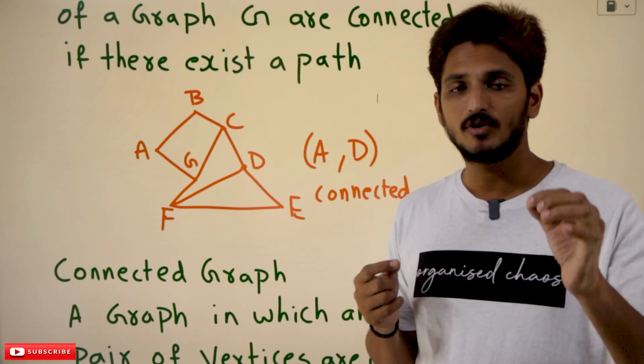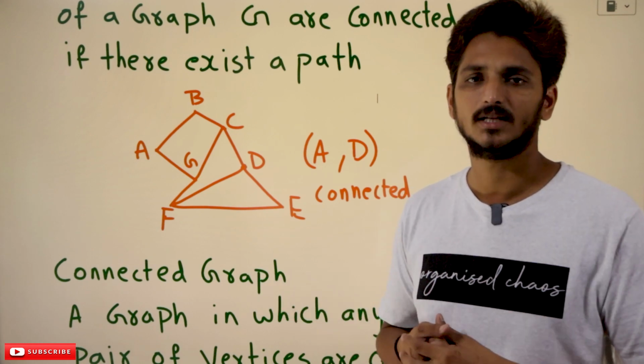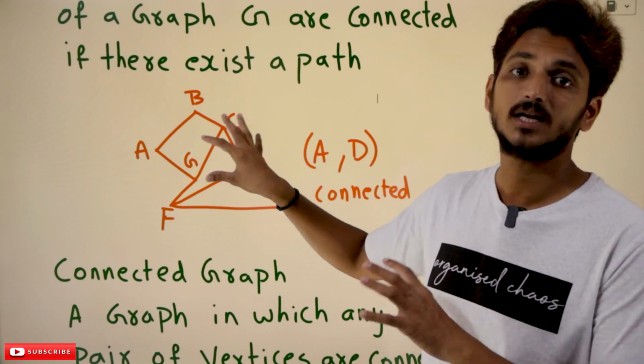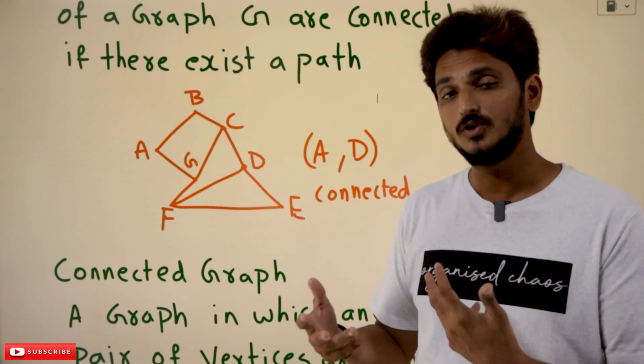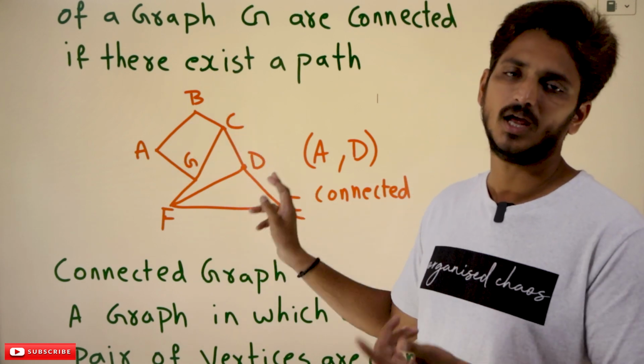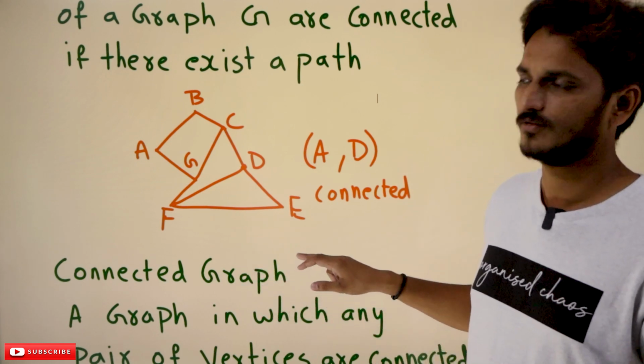If this happens to the entire graph, then we say it is a connected graph. In other words, we can move from any vertex to any vertex.